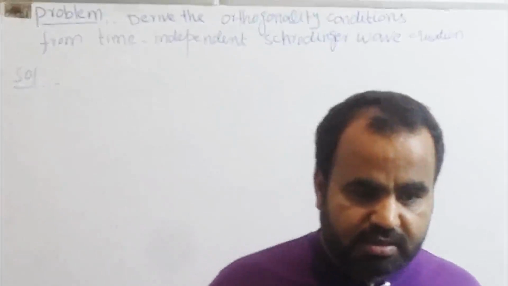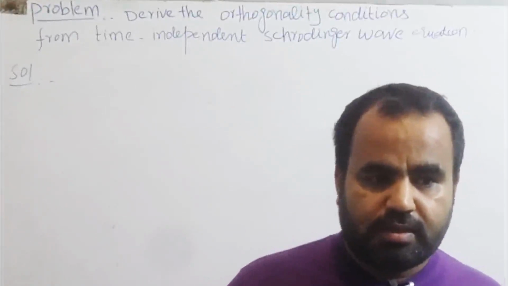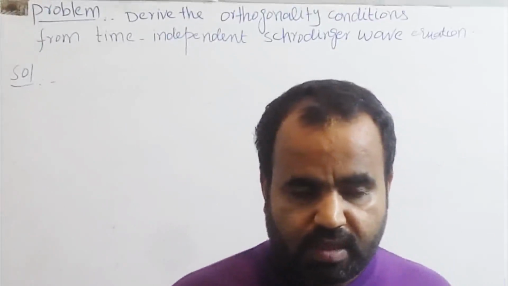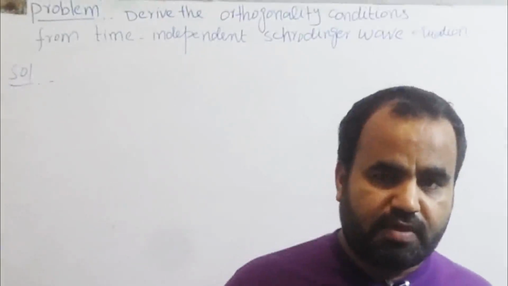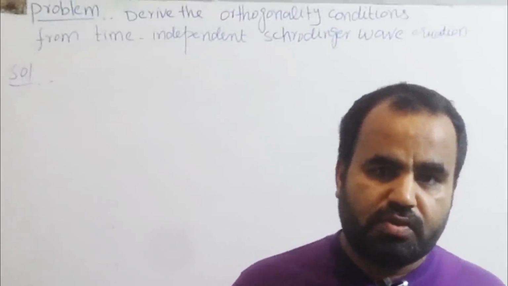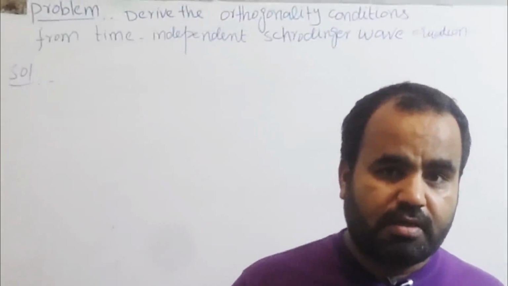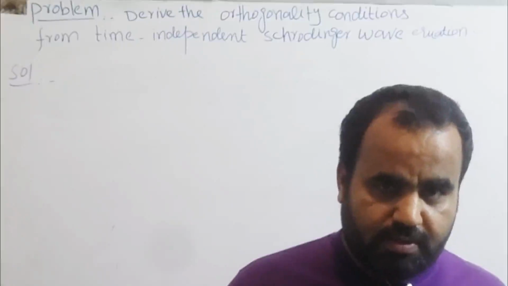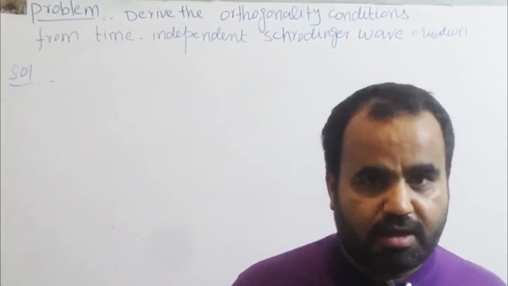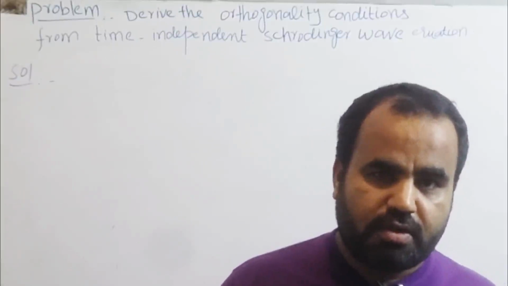If this condition is satisfied, we say that the wave functions in the time-dependent Schrodinger wave equation satisfy the orthogonality conditions. Also, we will check whether the wave functions are orthonormal or not. Let me start.